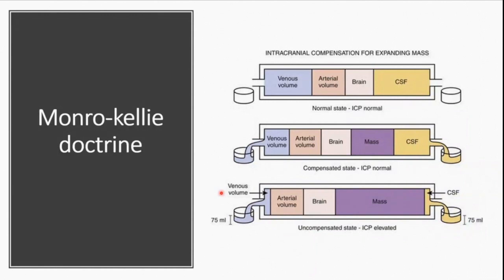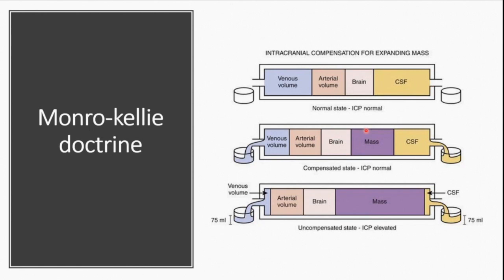So the Monro-Kelly doctrine says the skull is a closed box. They assume that the skull is a closed box. And if the volume of one of these 3 components, the blood, the brain, or the CSF, increases, it will be at the expense of another component. What does this mean?